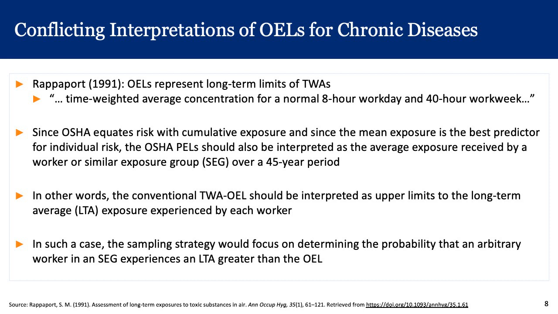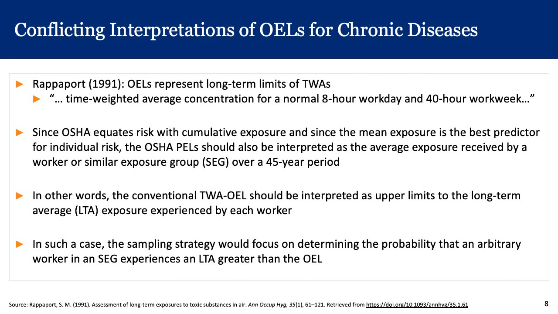The basis for this was the phrasing of both the ACGIH TLVs as well as the OSHA permissible exposure limits that say that these limits are time-weighted average concentrations for a normal 8-hour workday and 40-hour work week. Since it's sort of indicating a long-term career of being exposed to this particular chemical agent, Rappaport and others interpreted the OELs as long-term limits.